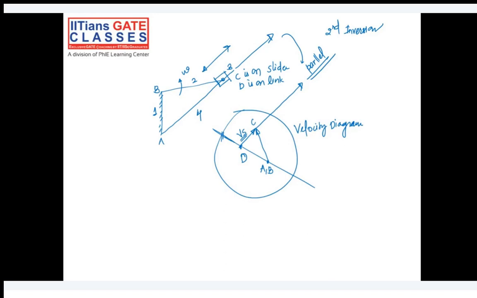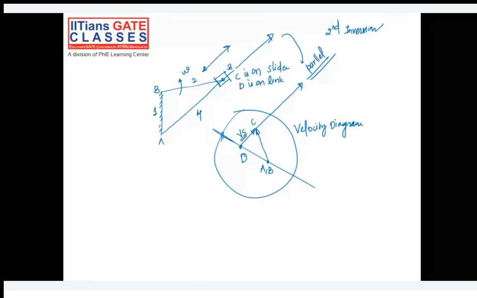But the velocity of link AD will not be parallel to link AD. It will be perpendicular to link AD because it's a turning pair. CD is a sliding pair, and AD is a turning pair. That's why the velocity of link AD is perpendicular to link AD.